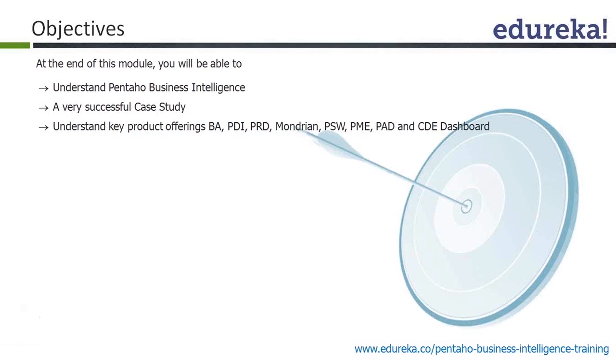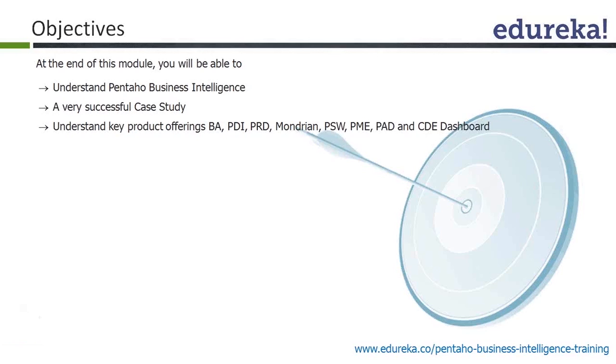Apart from that, they have some tangential tools which are helping a lot, like Mondrian, based on OLAP. It's an OLAP engine, not really in memory, but ROLAP. Then PSW, Pentaho Schema Workbench. Then Pentaho Metadata Editor, Pentaho Aggregation Designer, and CDE, the Community Dashboard Editor.